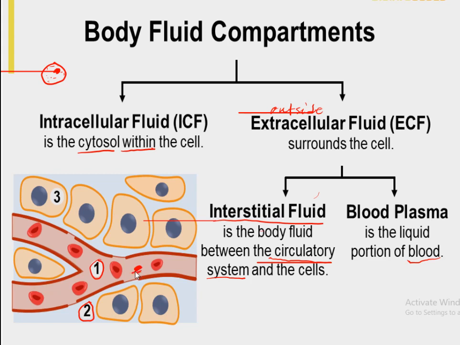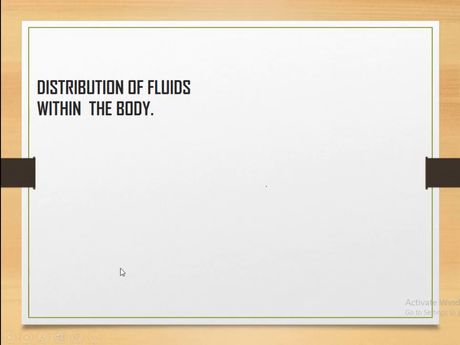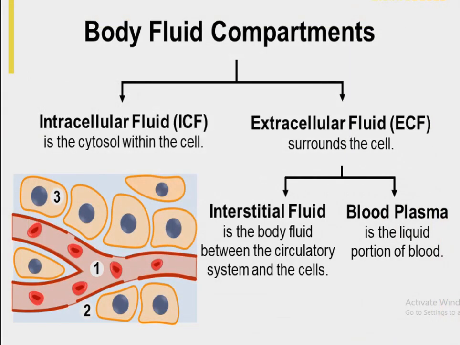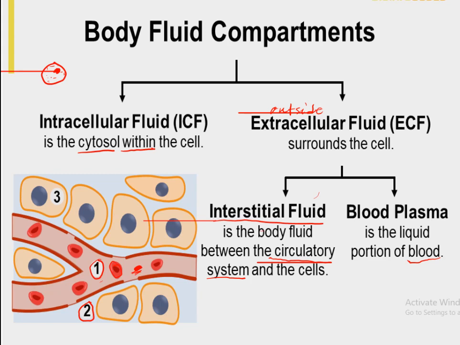This is the circulatory system. It has the red blood cells, and it has this fluid which is called the plasma. So this fluid in between the cell and the circulatory system is what is known as the interstitial fluid.